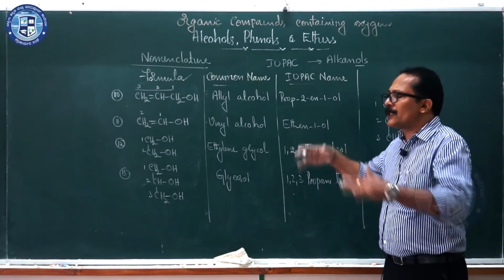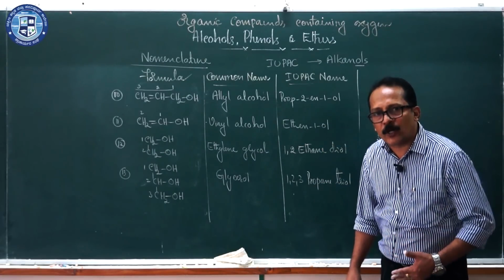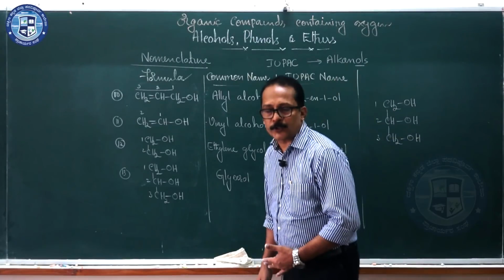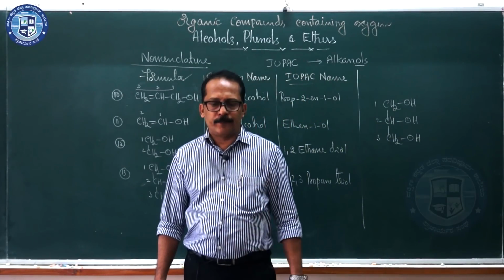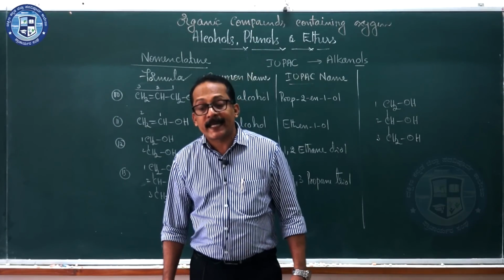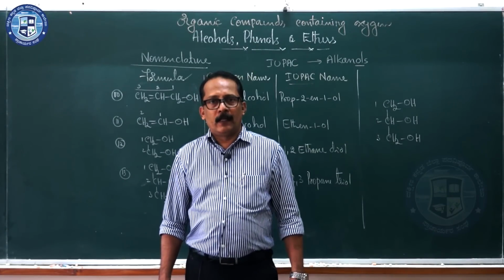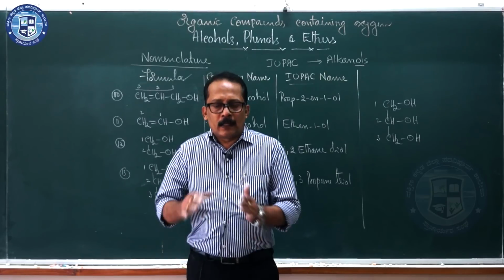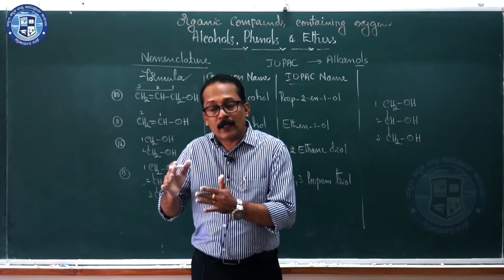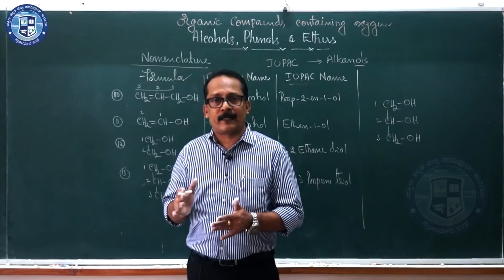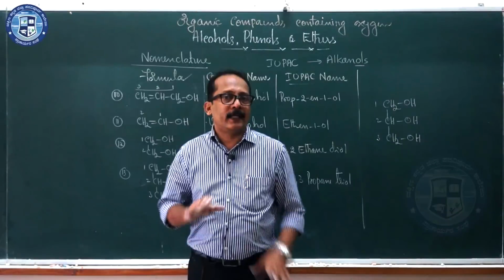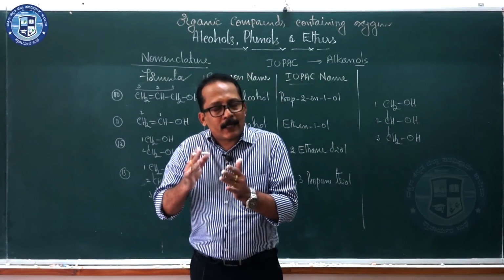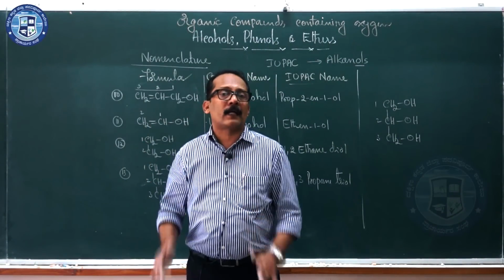Next, we will move on to the nomenclature of cyclic alcohols. Cyclic alcohols are named using the prefix cyclo, and the carbon atom attached to the OH group is considered the first carbon atom. In a cyclic ring, the carbon atom which contains the OH group is the first carbon atom.